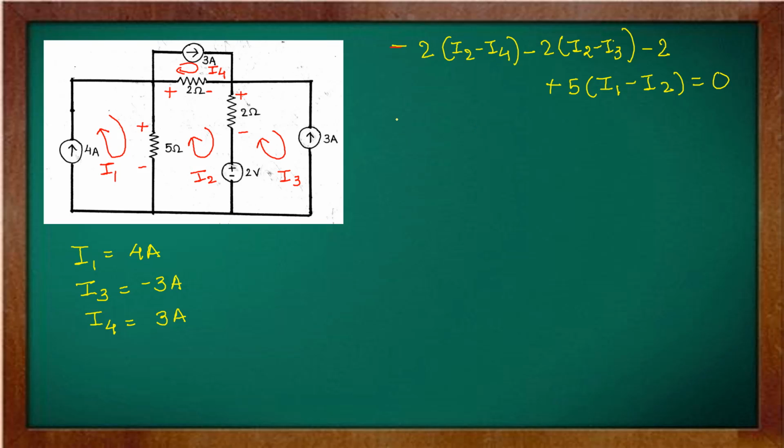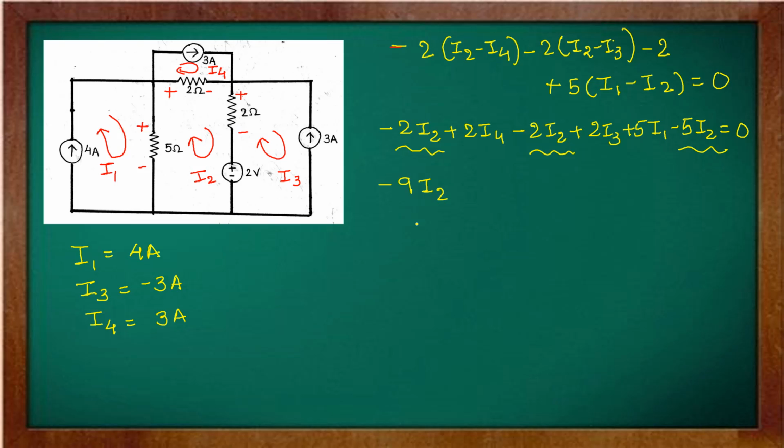Now open this bracket. What we get is minus 2I2 plus 2I4, then minus 2I2 plus 2I3 plus 5I1 minus 5I2, which is equal to 0. Here minus 2I2, minus 2I2 and minus 5I2 give minus 9I2.